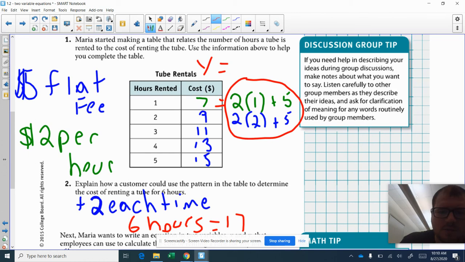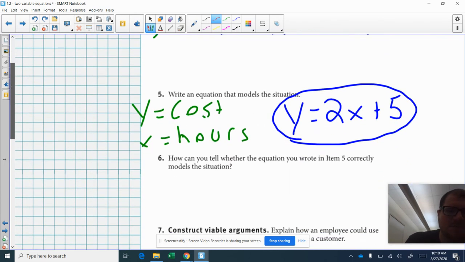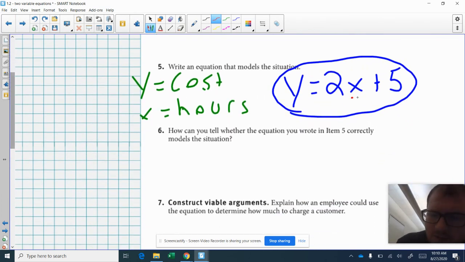And that's going to be equal to the cost per hour, plus 5. So you see, our equation is built off this information. Okay, we did this already, we just didn't plug in a variable yet. The only difference from that first page to this page is that we're just plugging in this little x to represent those hours. Okay?